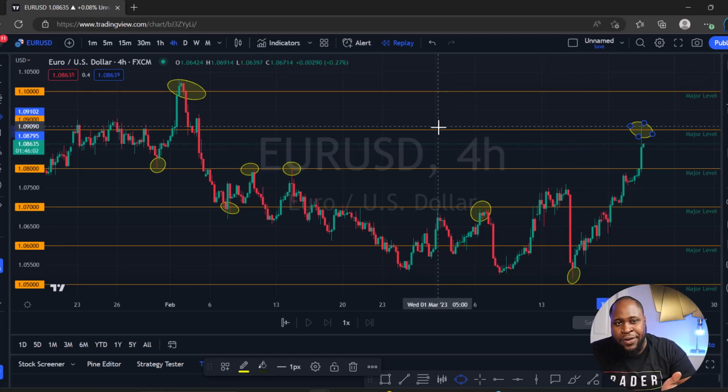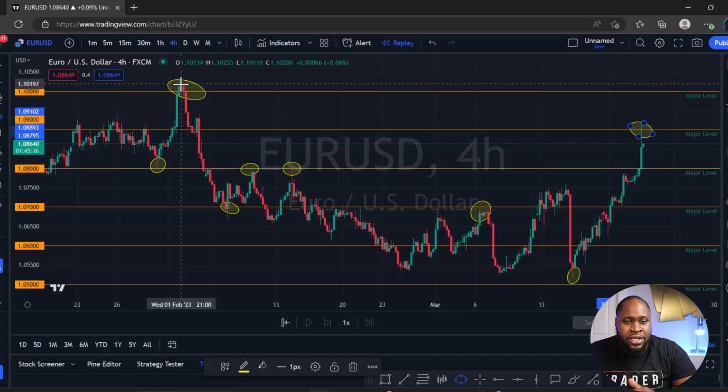So be sure you understand market structure, and when you understand market structure, then you understand how to go from one psychological level to another, and even be able to stack your orders in between the smaller levels as well. So for example, on this down move, as I got from this level to this level and came back for a retest, I could have taken an entry right over here for the sell.